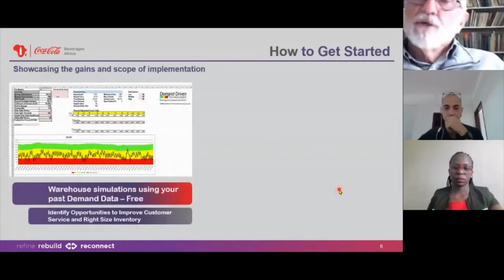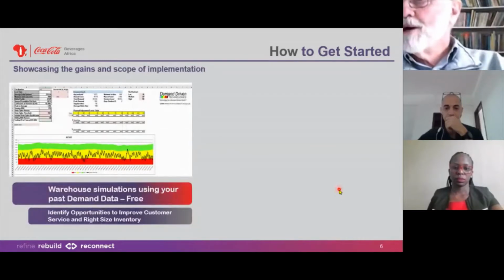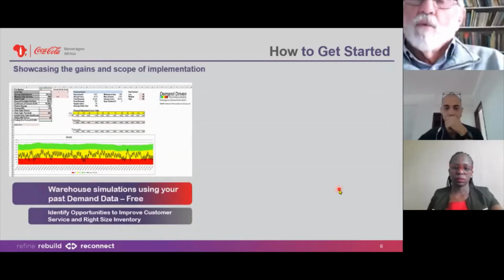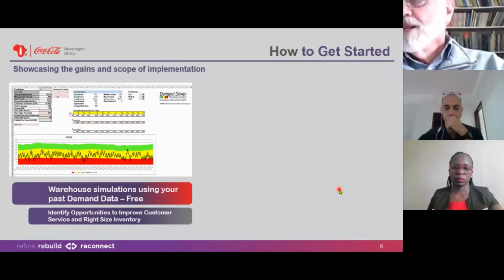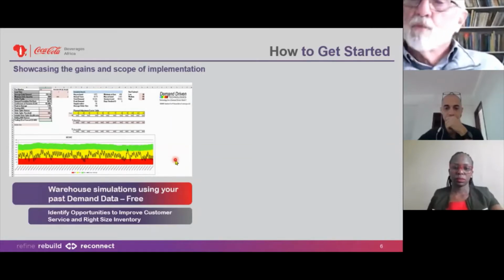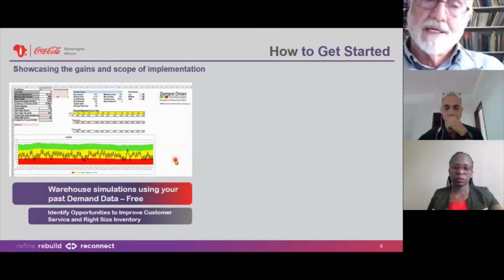Other things we can do is to take some of your past demand data. So maybe just take one of your warehouses, for example, get the past demand data for the last year, and we can put that into a simulator. And we can simulate how the buffers would have reacted last year based on your actual demand data.